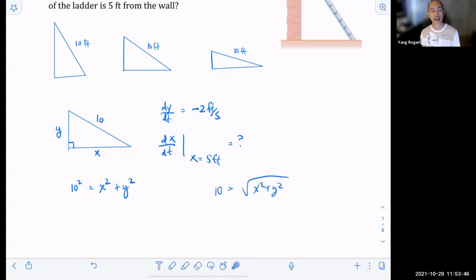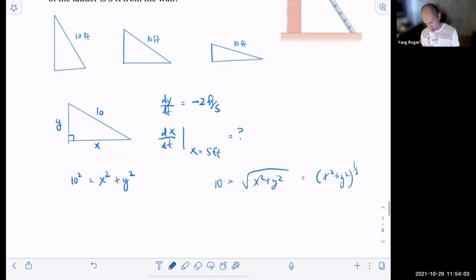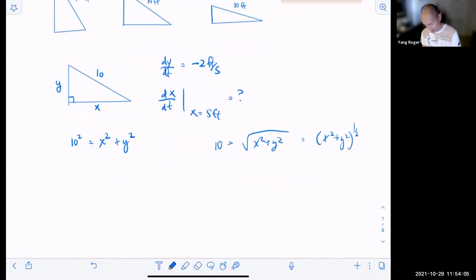The reason why is when I take the derivative of this side, I'm going to have a chain rule, and that chain rule is going to look ugly. Not too ugly, but this would be x squared plus y squared to the 1/2 power. So when I take the derivative with respect to t, that would be 1/2 x squared plus y squared to the negative 1/2 times the derivative of the inside, which would be 2x times dx dt plus 2y times dy dt.